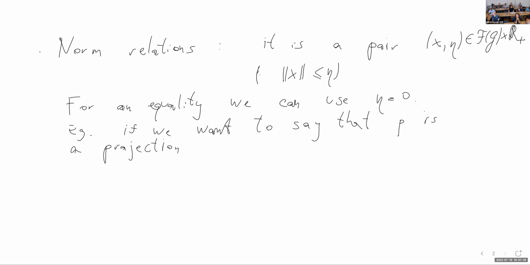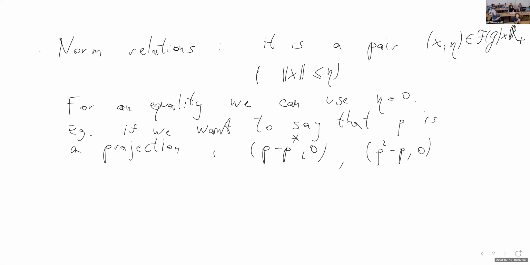You can write this as (P - P*, 0). This means that P is self-adjoint. We add (P^2 - P, 0), and this means that the element is an idempotent.